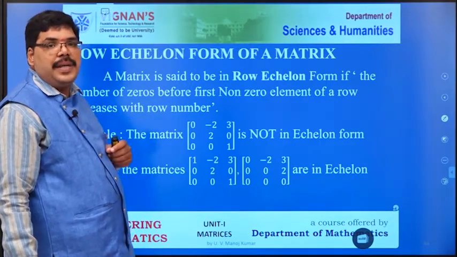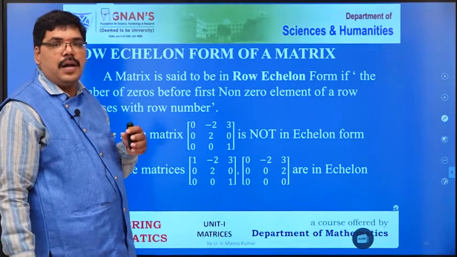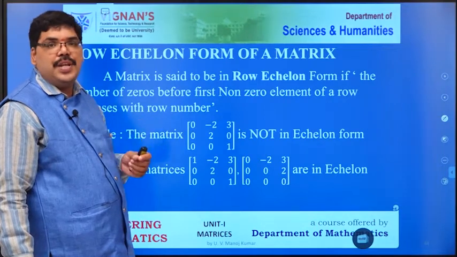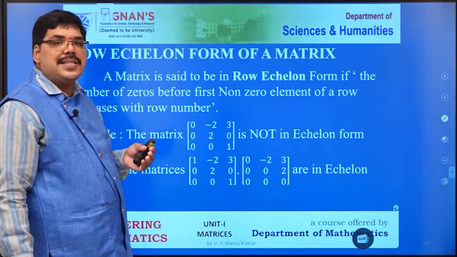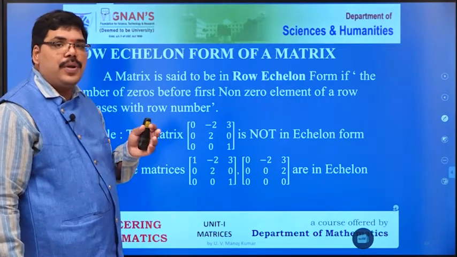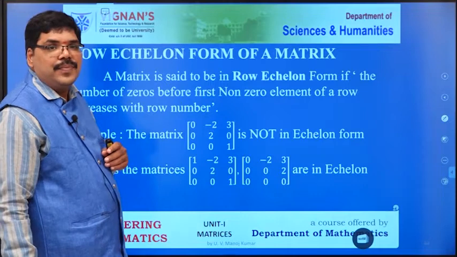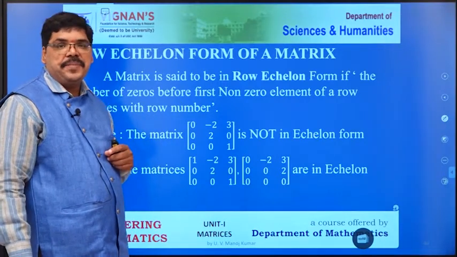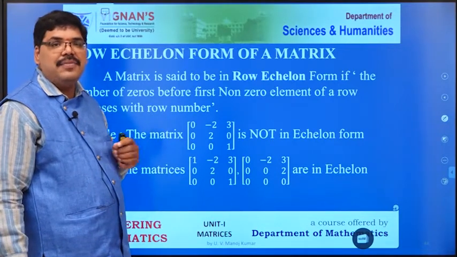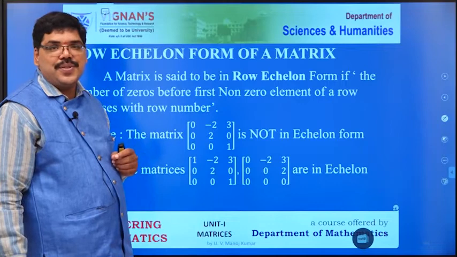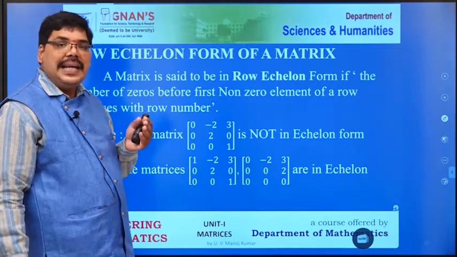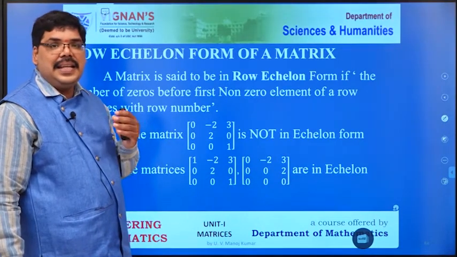A matrix is said to be in echelon form or row echelon form if the number of zeros before the first non-zero element in a row increases with increasing row number.